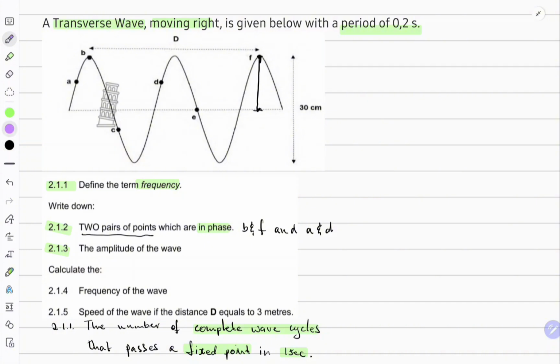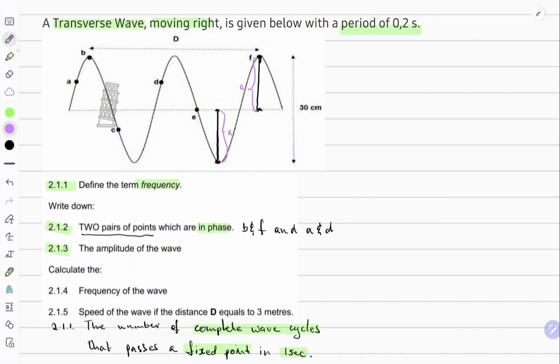So this here is what we refer to as the amplitude. If we were to take another point and project it downwards to the trough, it's also another maximum displacement that a point can take with respect to the equilibrium. So this is another amplitude.